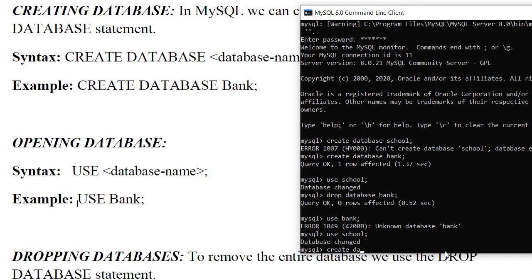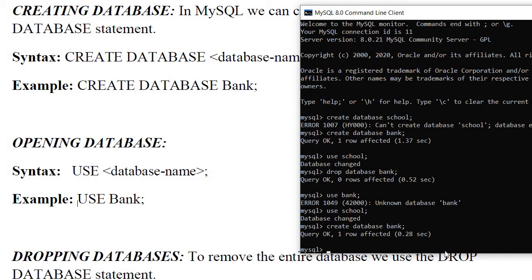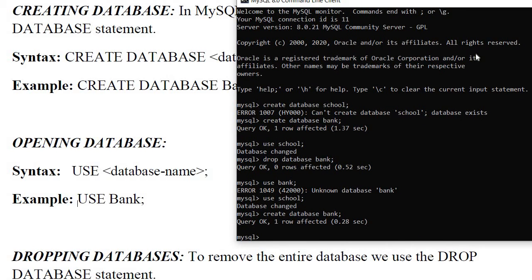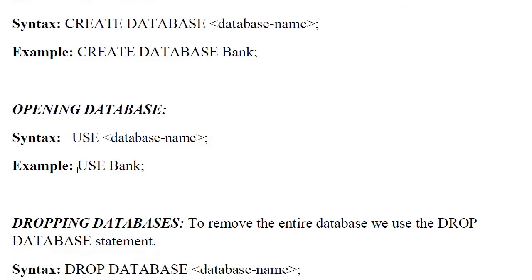Create database, again we will create bank, then semicolon. Yeah, it's saying query okay, one row affected. So I hope it's clear, the three commands are clear to you all: how you can create a database, how you can switch to another database using the use command, and how you can drop or remove a database.